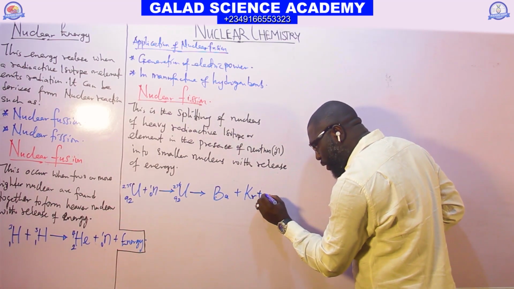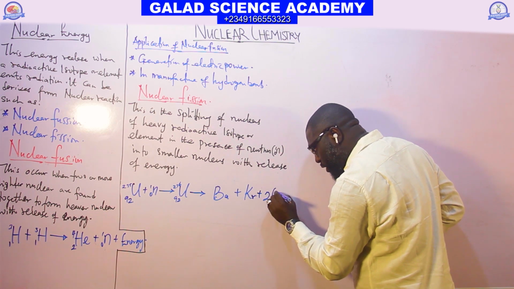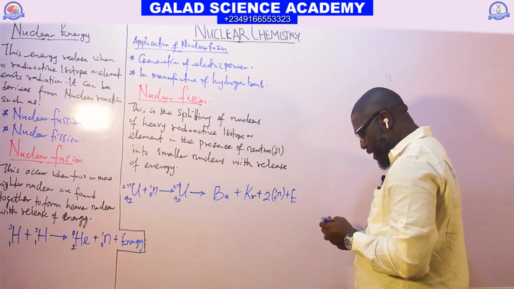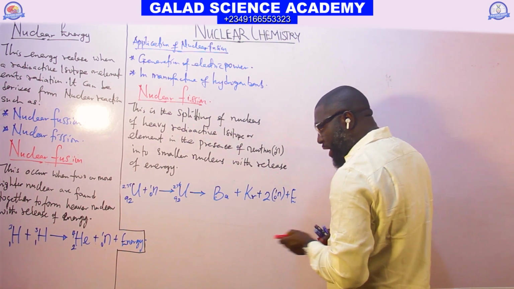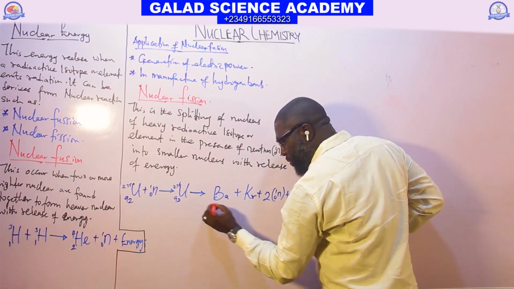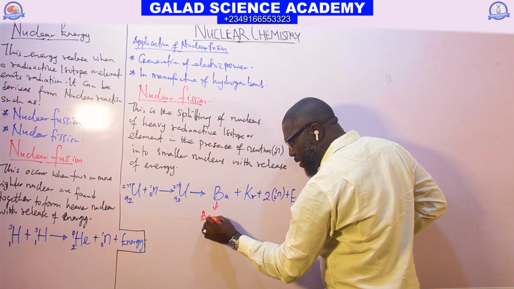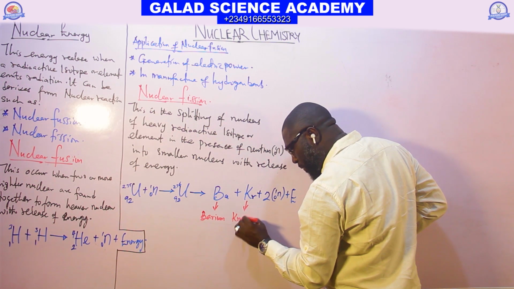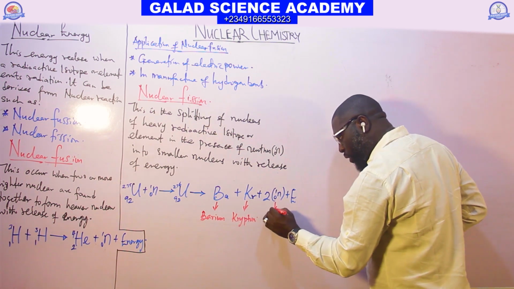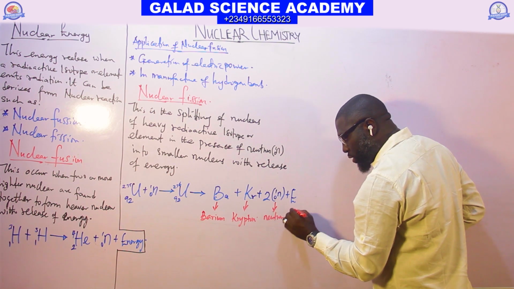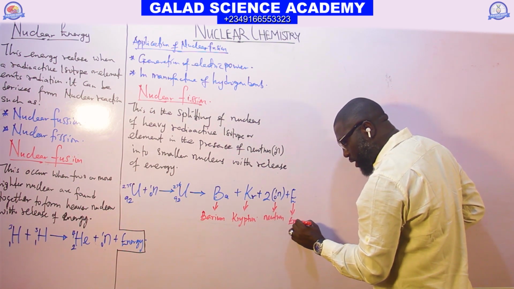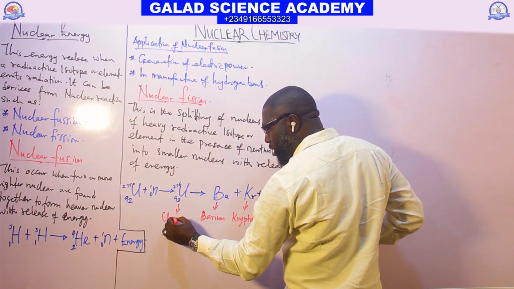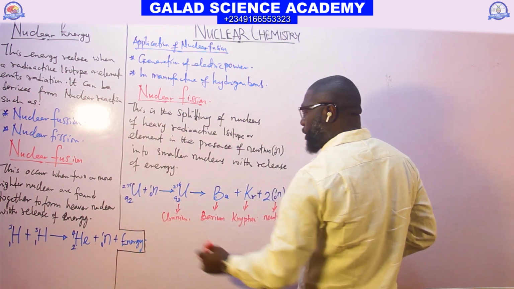This is krypton plus 2 moles of neutron plus energy. This is barium, this is krypton, this is neutron, this E is energy, and this is uranium.